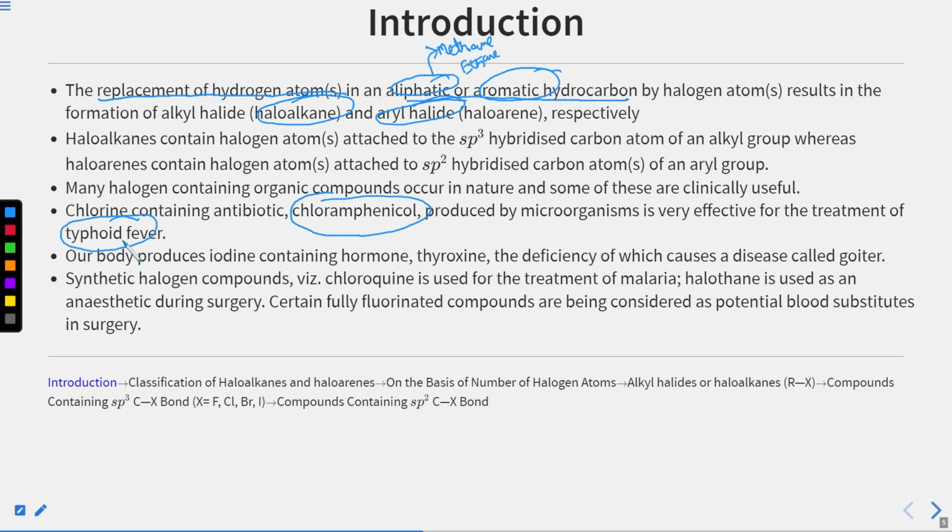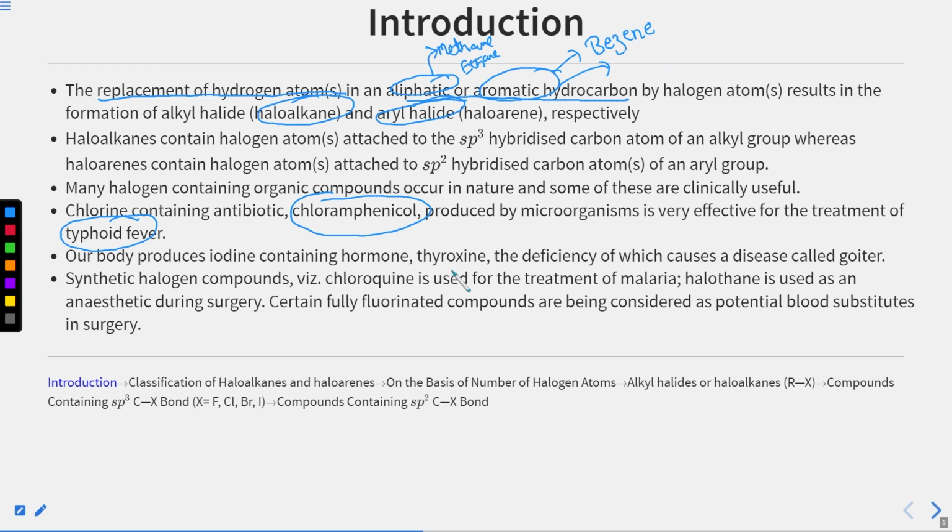It is a compound containing chlorine, so it will be haloalkane or haloarene depending upon the structure. So they are clinically useful.